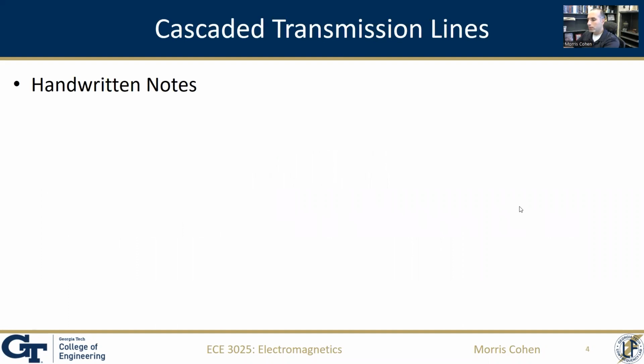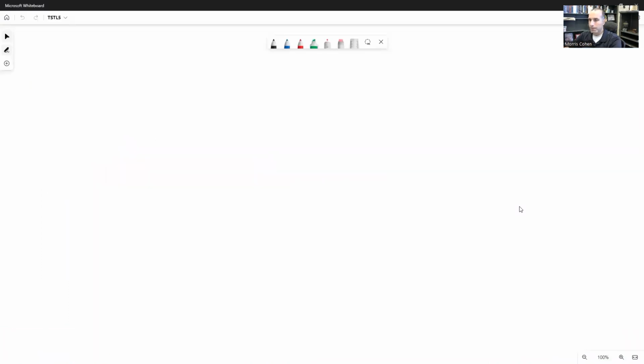All right, so let me draw what this will look like. Going back to the traditional circuit diagram here, we've got a battery connected to a generator resistance, which we're calling RG.